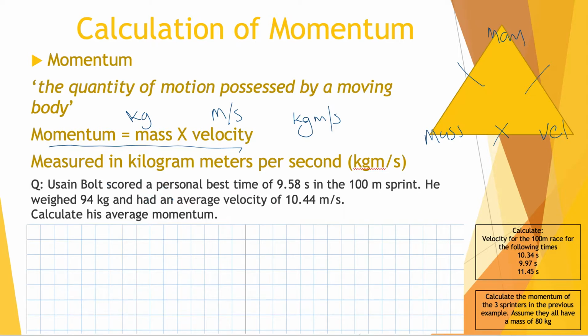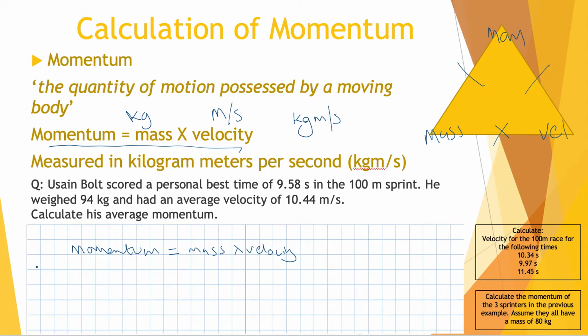So Usain Bolt scored a personal best time of 9.58 seconds in the 100-metre sprint. He weighed 94 kilograms and had an average velocity of 10.44 metres per second, calculated as momentum. So this is a bit of a tricky question because they've given you some information that you don't need to know. All you need to know is mass and velocity. So I'm going to make sure I write out the equation first: momentum is mass times velocity.